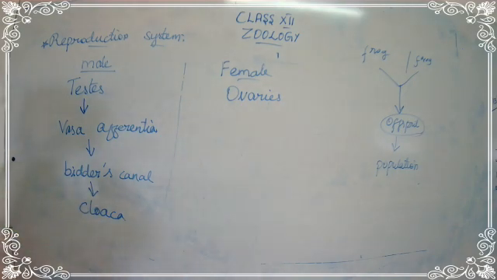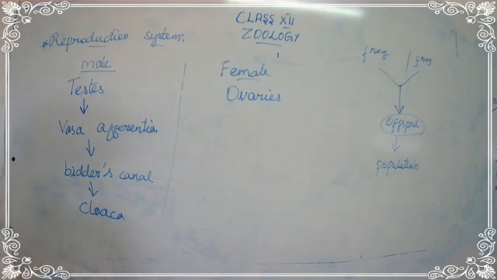And here the female reproductive part is the ovaries. It is also attached to the kidney and dorsal body wall by a fold of peritoneum called mesovarium. In the male frog it is mesorchium, but in the female, mesovarium.